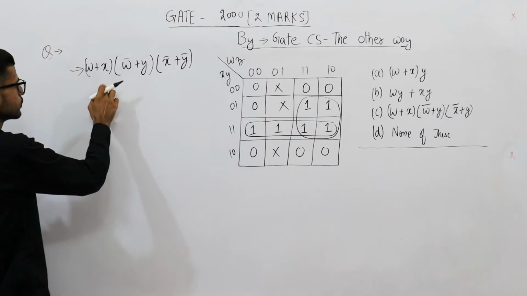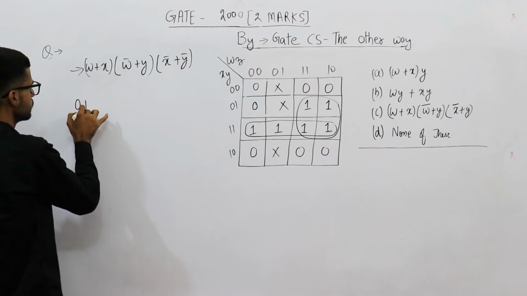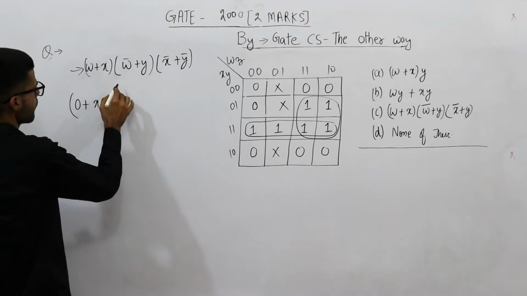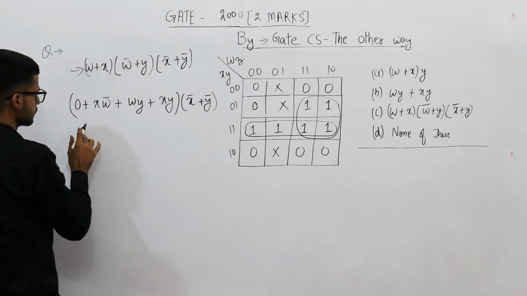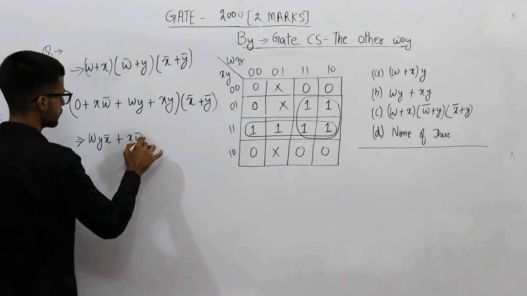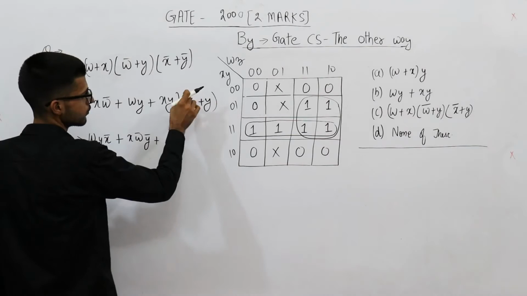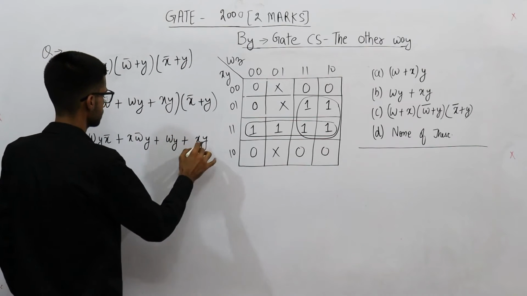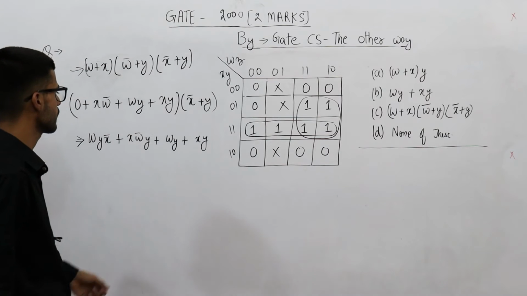Let's multiply these two. So you will get 0 plus X W bar. So this is what you are going to get.